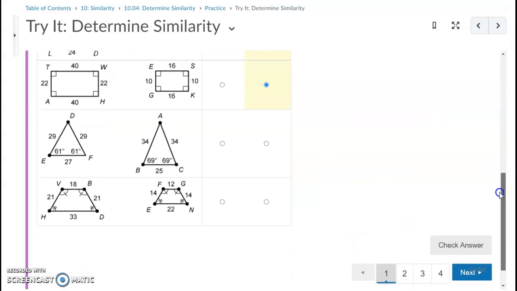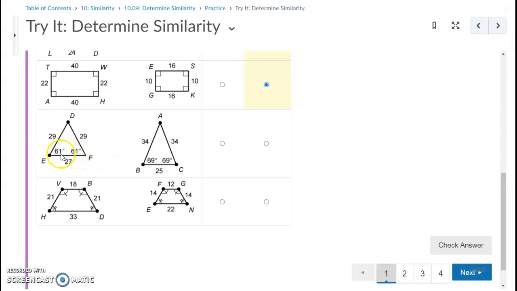Okay, so the last ones, I'm noticing something really interesting here. We could do that check with the scale factors to see if that's going to work. But there's actually an interesting thing about the angles. Now remember, the angles of similar triangles or similar shapes have to be the same size.